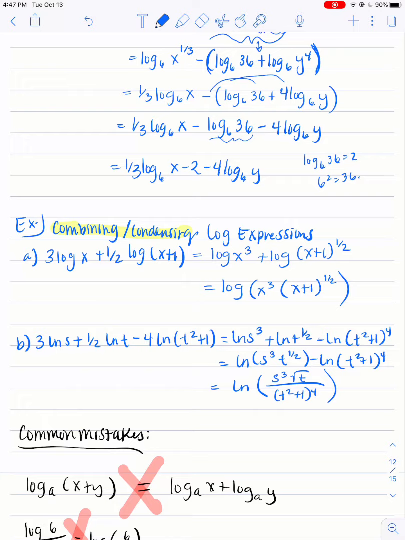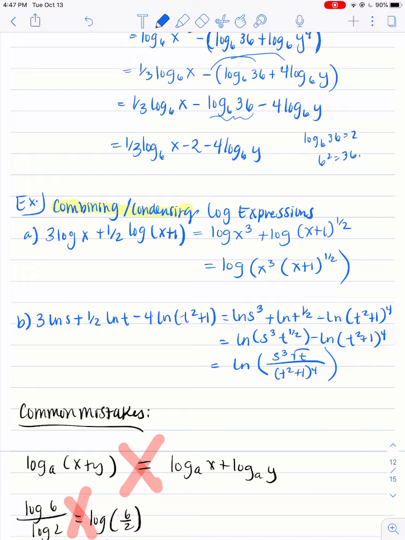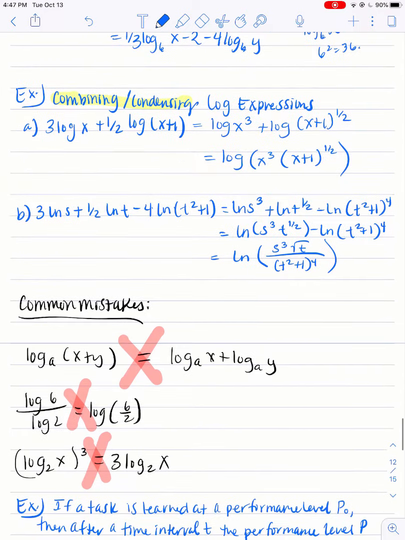And then the 1/2 becomes the power on x plus 1. And then I can combine this by using my product rule, because I have addition here. So I multiply x cubed and x plus 1 to the 1/2 power, and that's all inside my logarithm.